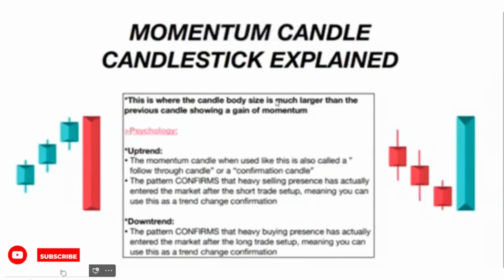Okay, so also we have the downtrend. It means the pattern confirms that heavy buyers' presence has actually entered the market, that is a long trade setup, meaning you can use this as a trend change confirmation.